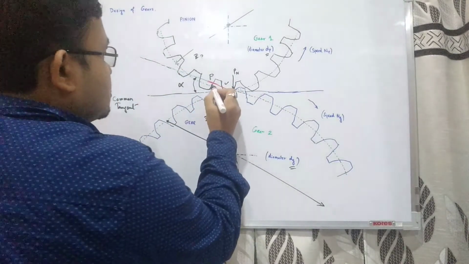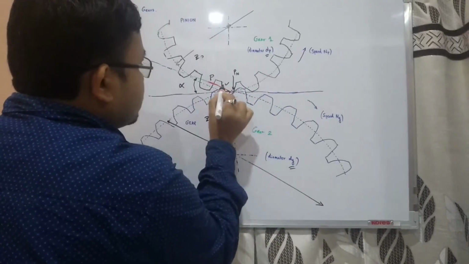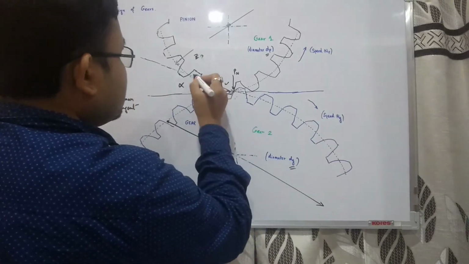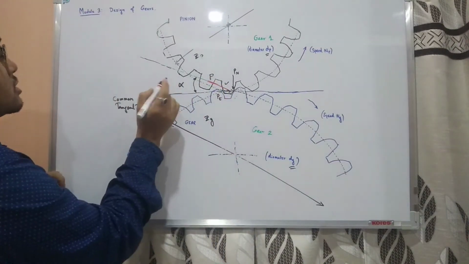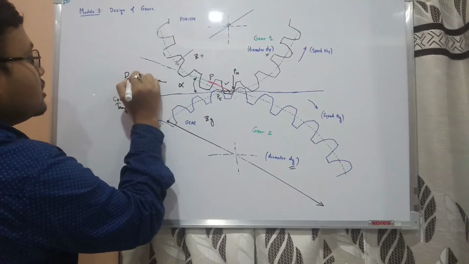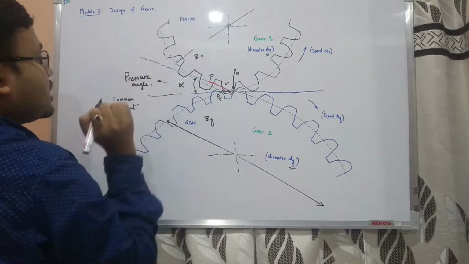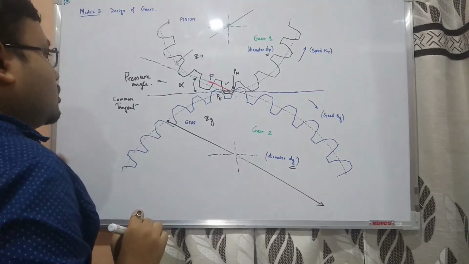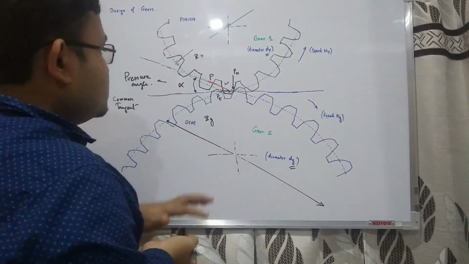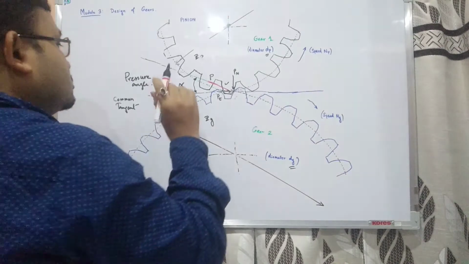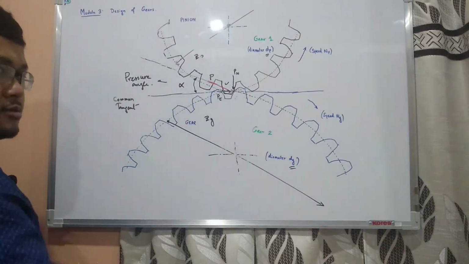Now this line of action of the force makes an angle with the common tangent, this angle, and this is known as the pressure angle. Since it is applying the pressure on this, this is the pressure angle. We will be using the pressure angle later.